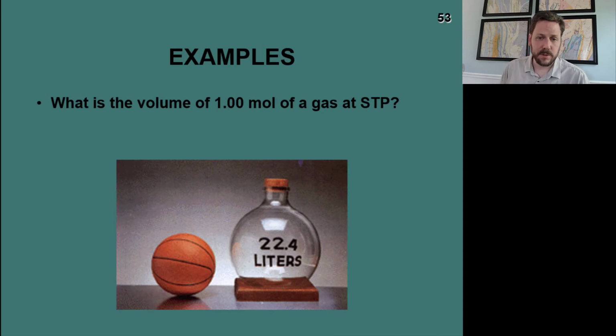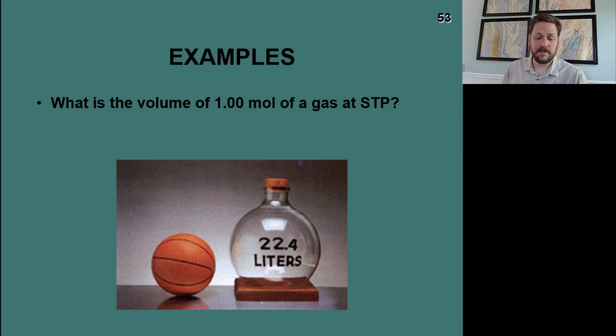But in fact, intermolecular forces and very, very low temperatures and high pressures can cause this to behave a little bit non-ideally. So when we say the ideal gas law, it is an idealized version of gas behaviors that makes a few assumptions.